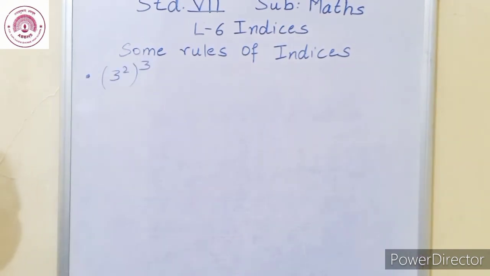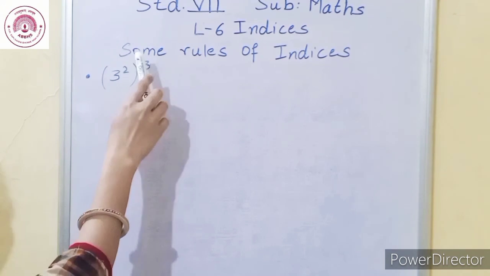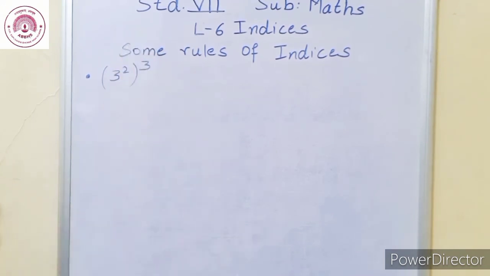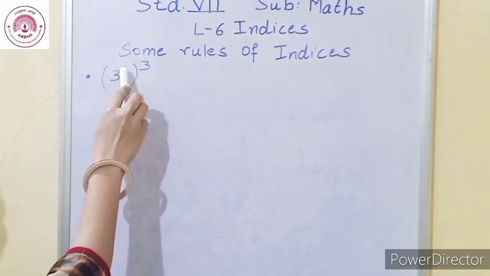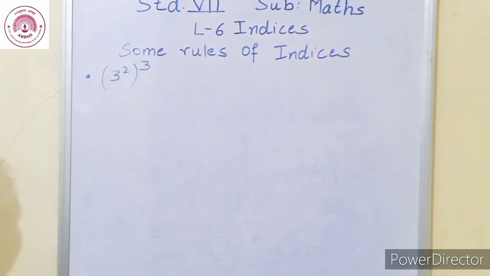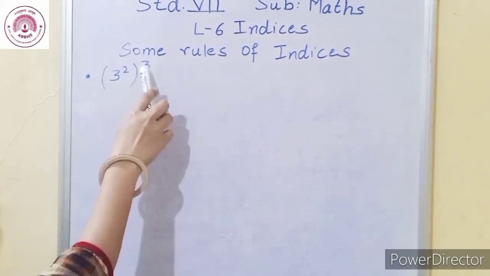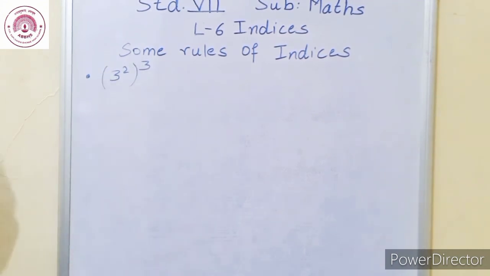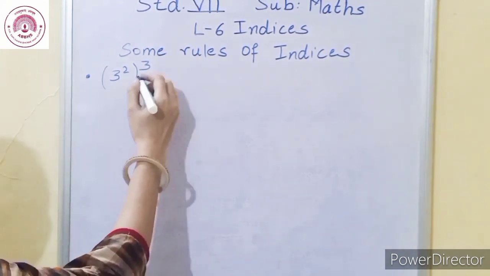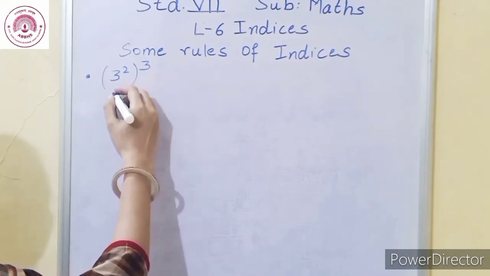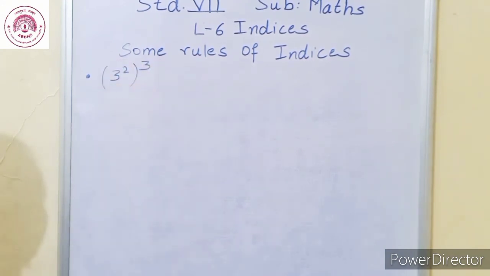Now, consider 3 raised to the power 2 raised to the power 3. You can see 3 raised to the power 2 is an index form, and 3 is the power of this index form. So, to solve this, consider 3 raised to the power 2 or 3 square as the base and 3 as the power of this complete index form.